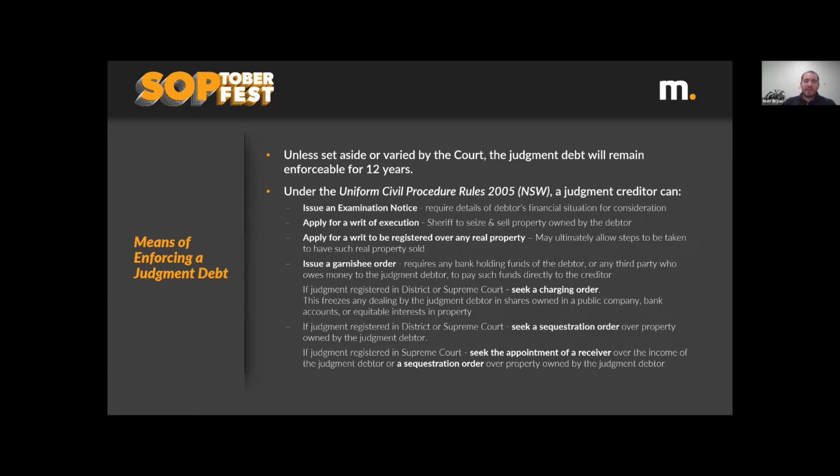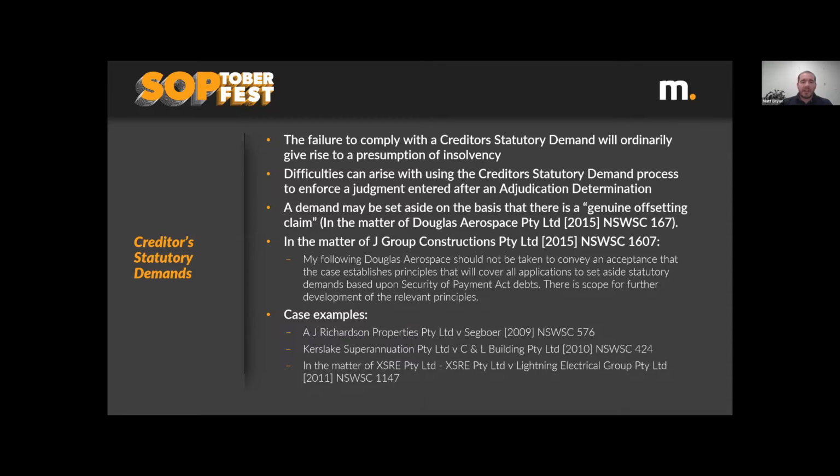The other way you can go about doing it is by issuing a creditor statutory demand, although there's some case law which suggests that might not always be an option. It's generally a good way, and often the best way, particularly if the amount of the debt is substantial, of putting pressure on the other side to compel payment.